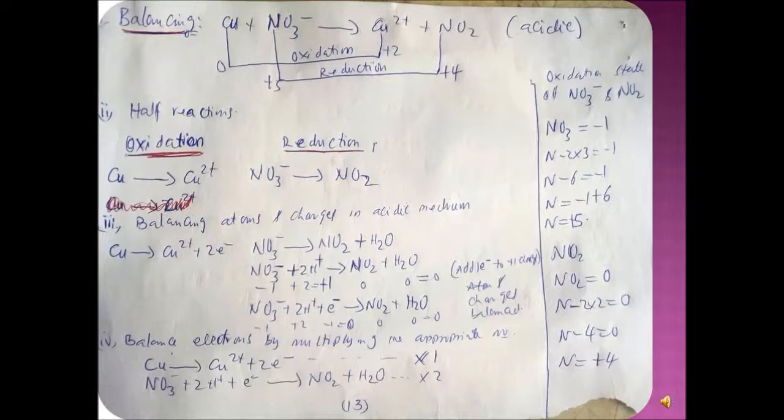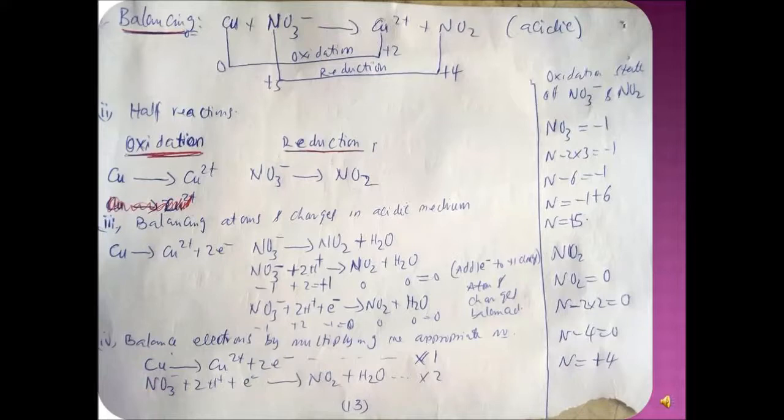Since a water molecule contains hydrogen, trying to balance oxygen with a water molecule has introduced hydrogen, so you have to balance the hydrogen. And how do you balance hydrogen in a redox reaction that happens in acidic medium? All you need to do is to add 2 hydrogen ion.